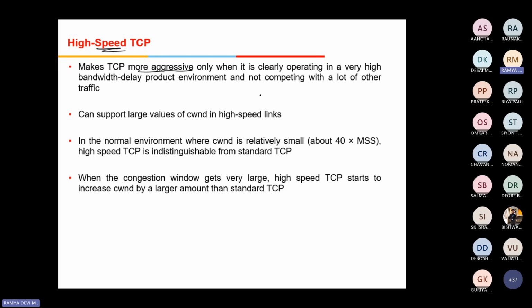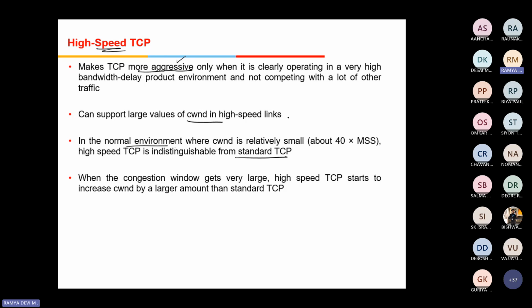Fine. So my network is free. In that case, it will be more aggressive. If the network is fully loaded, it will work as a standard TCP. It will support a large congestion window size on high speed links. If my network is congested, in that case, it will work as a normal TCP. So in a normal operating environment, the TCP will act like a standard TCP.